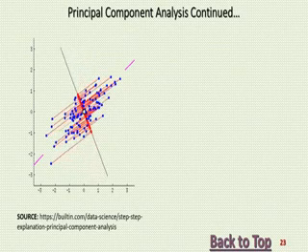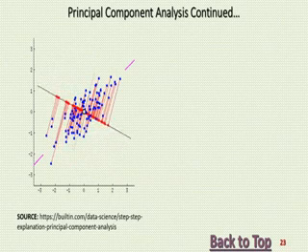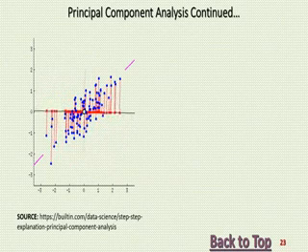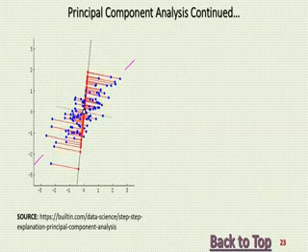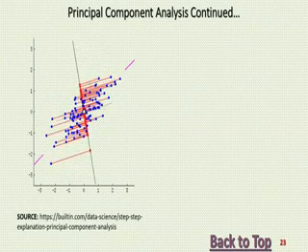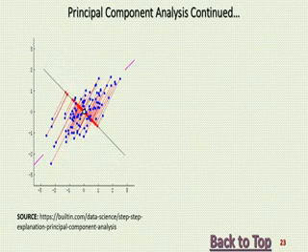Now you see there is a line which is rotating around the graph. We want to reduce 2 dimensions to 1 dimension. The red dots that you are seeing are the projections of the blue points on the line. That means if you lit a light from the top, what will be the projection of the blue dots on that line? That is what they are showing.